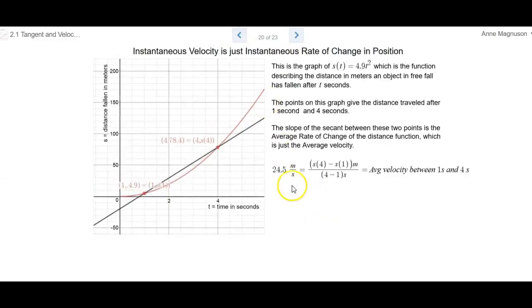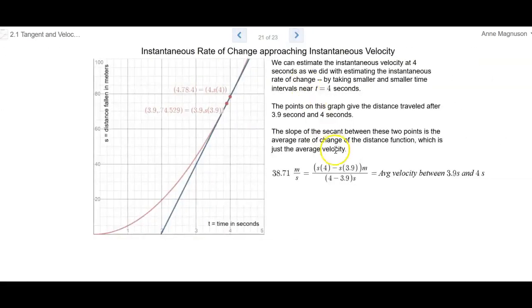So I've gone from an estimate of 24.5 meters per second between 1 and 4 seconds to an estimate of 38.71 meters per second between 3.9 and 4 seconds.